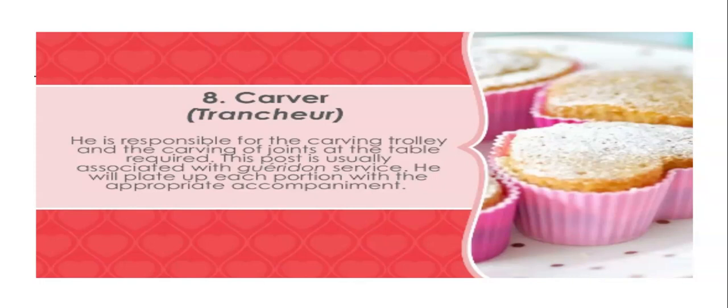So most of the time, after the chef prepares the dish ordered by the guest, it will be served automatically to our customers or to the guests. But in the position of a carver, they need to prepare the food in front of the customers.